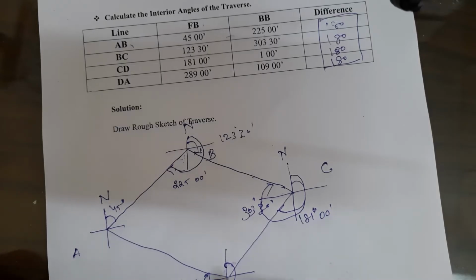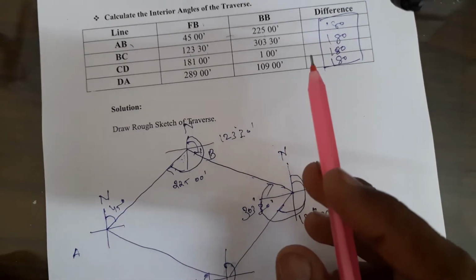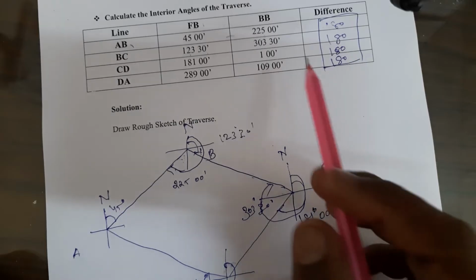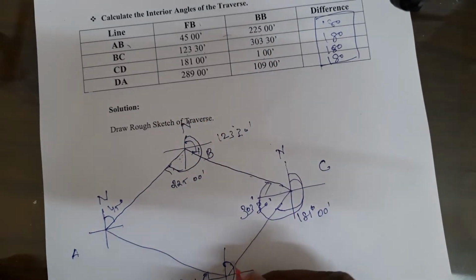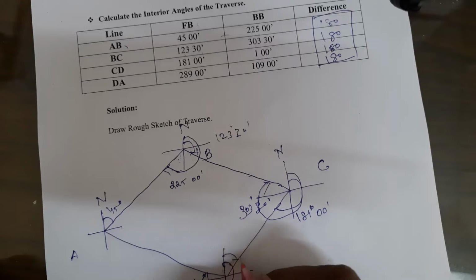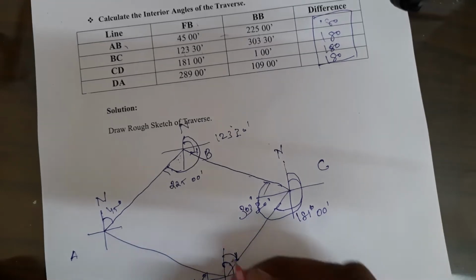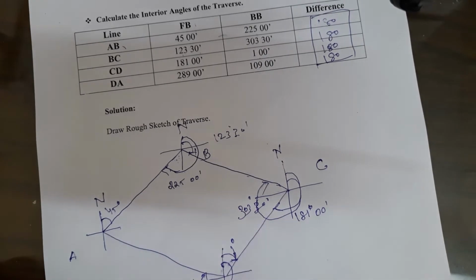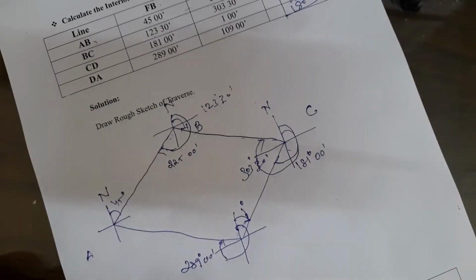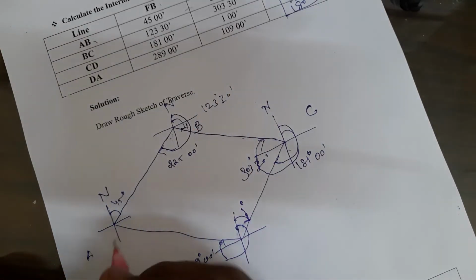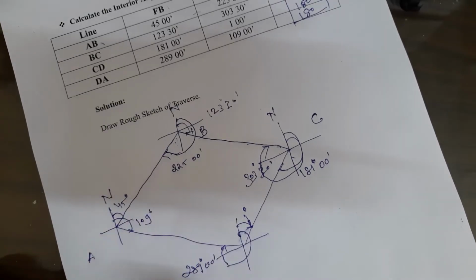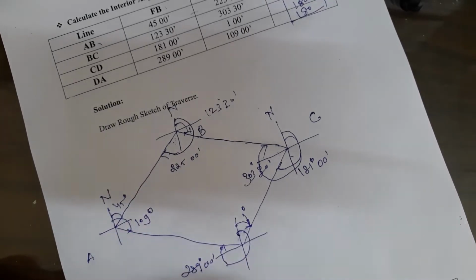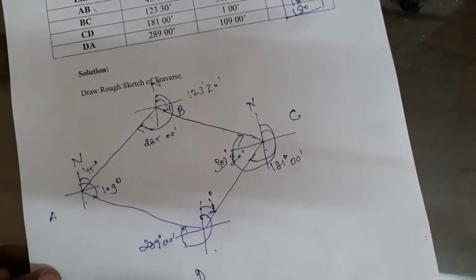Now, 1 degree from C to D. So this much, this is your back bearing. Okay, 1 degree from C to D. Then 109 degree means this value, 109 degree from A to D station.